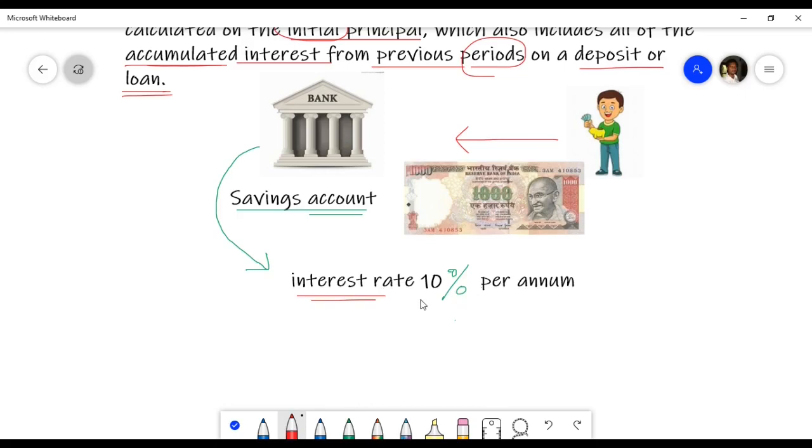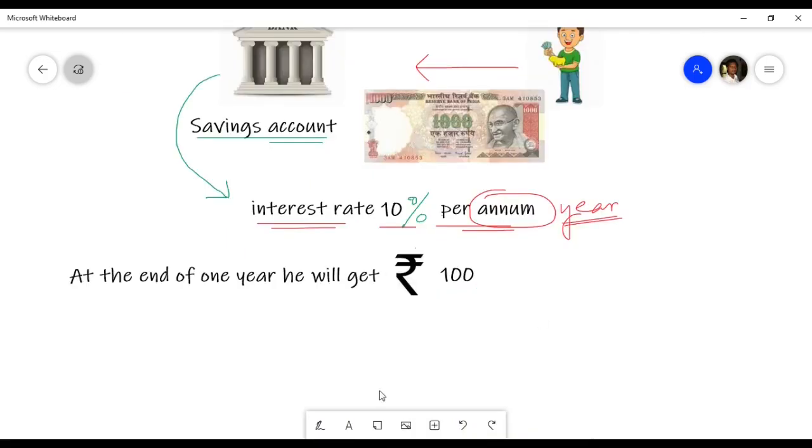So the bank would return 10% in a year of the amount that is deposited by this man. Annum refers to a year. So at the end of 1 year, he will get rupees 100, because 10% of 1000 is 100.